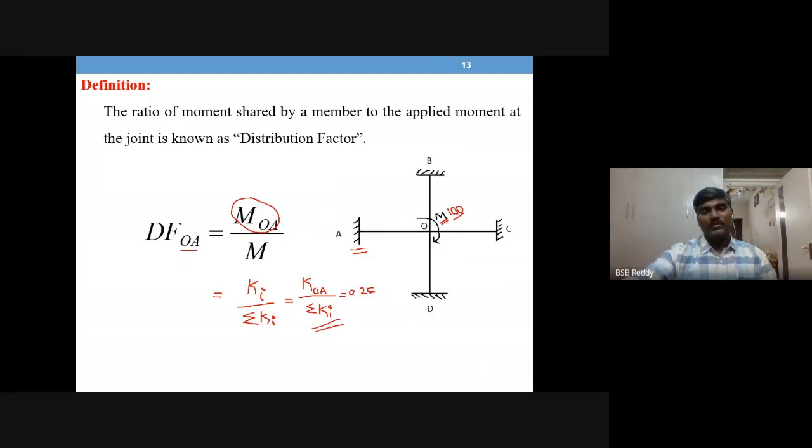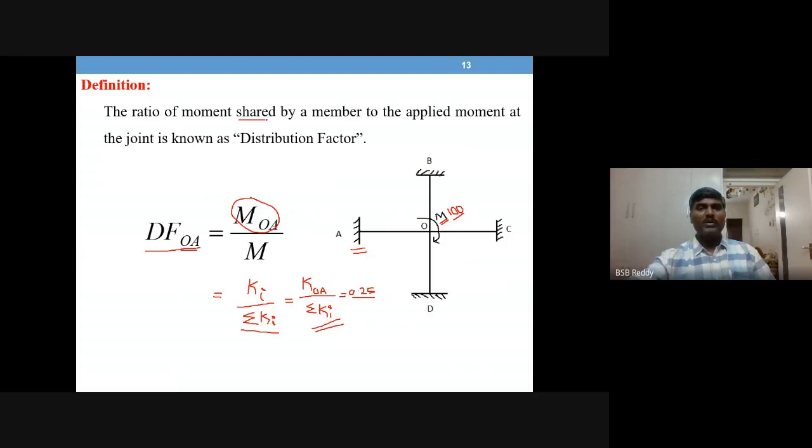That is the importance of distribution factor. When a moment is applied at a joint, how much moment a member can share is decided only with the help of the distribution factor. So this is how distribution factor is calculated and used.